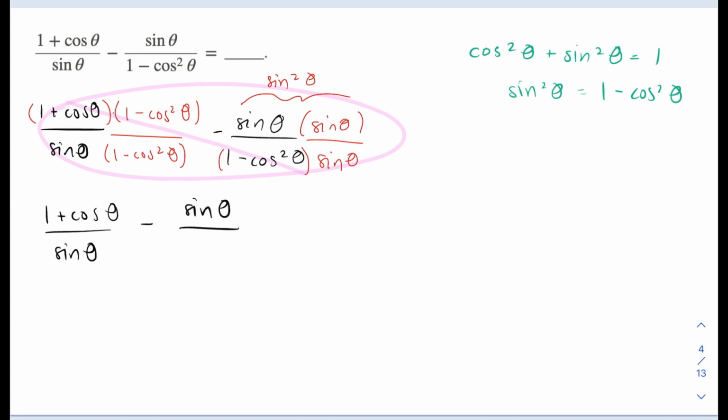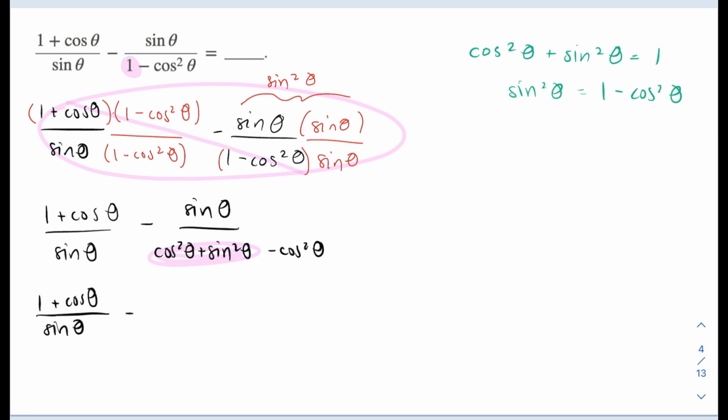Okay, so I'm going to take the 1 here and replace it with cosine squared theta plus sine squared theta, minus cosine squared theta. And then you can see it's going to start coming together a lot nicer. We want things to get simpler.